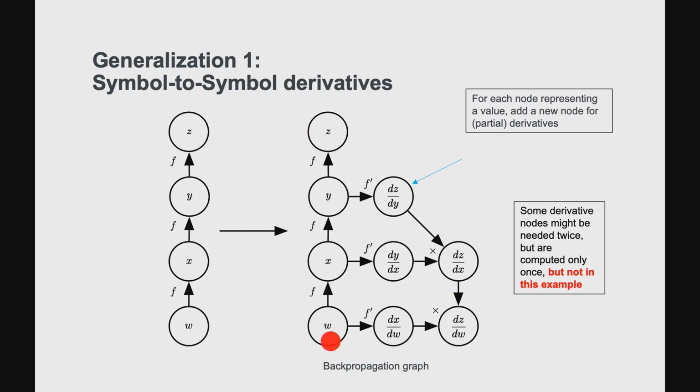So you see, whereas the forward structure moves from the bottom to the top, the backward propagation moves in the other direction. And what you also see is that we now can basically push these values through this backpropagation graph, where some of these values might also be used several times in general.